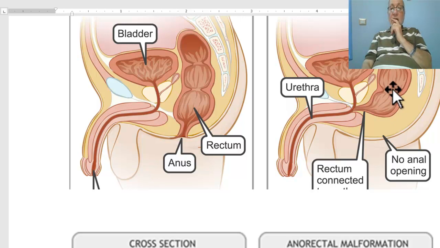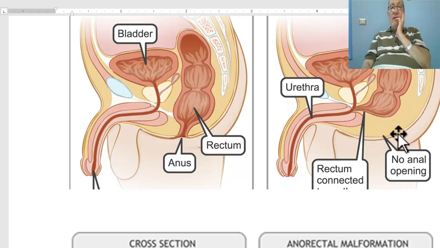Then dissect the rectal pouch and pull this rectal pouch through the defect. Therefore, it is called a pull-through operation.